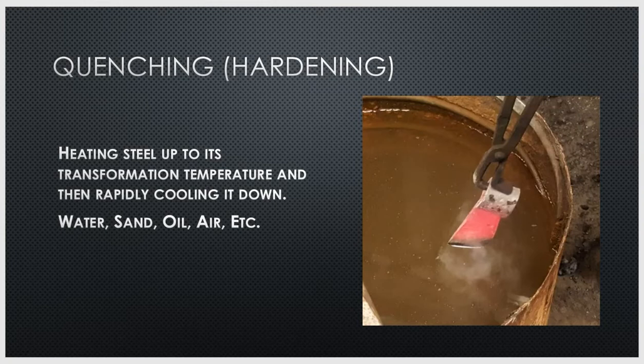Now, when you turn steel into martensite, you're increasing the hardness, but the downside is you're also increasing the brittleness, and you're also decreasing the ductility. So there are some drawbacks to quenching, but there are also some upsides to quenching, because there are times where you want your metal to be hard.